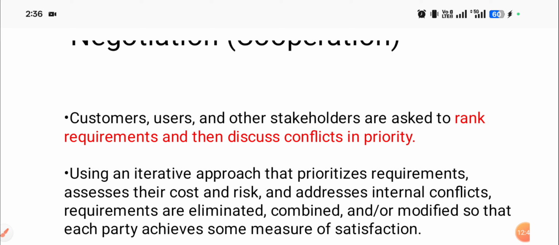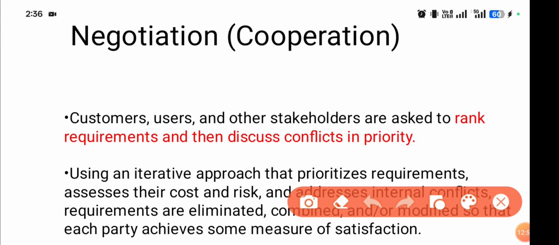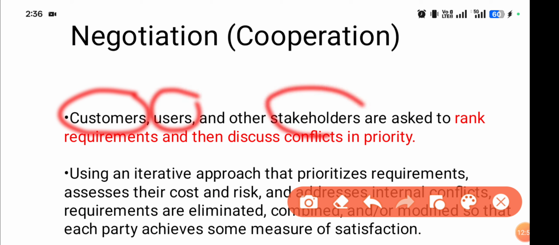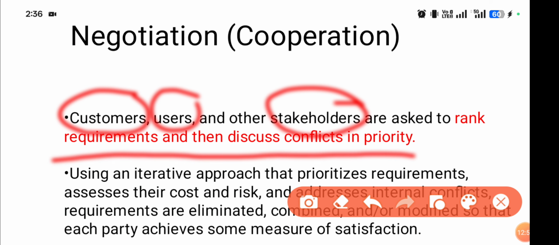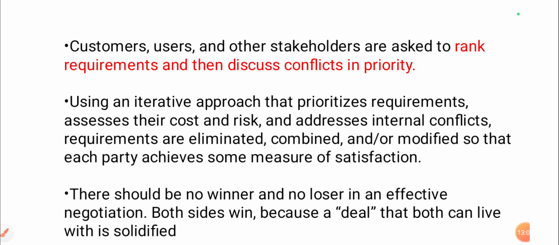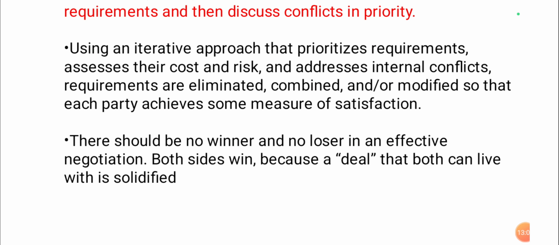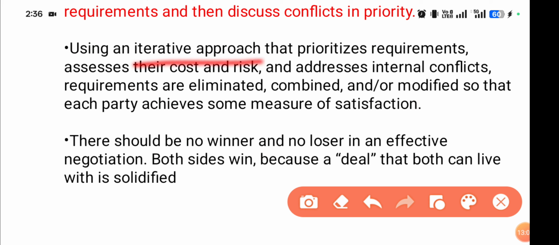Negotiation, or cooperation. Customers, users, and other stakeholders are asked to rank requirements and then discuss conflicts in priority. Using an iterative approach, they prioritize requirements, assess their cost and risk, and address internal conflicts.